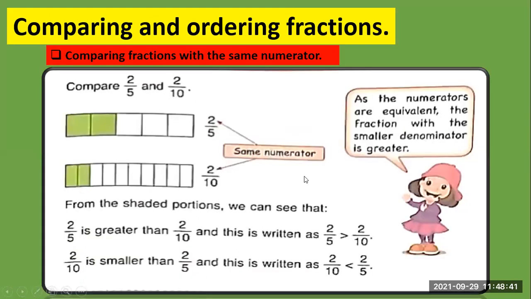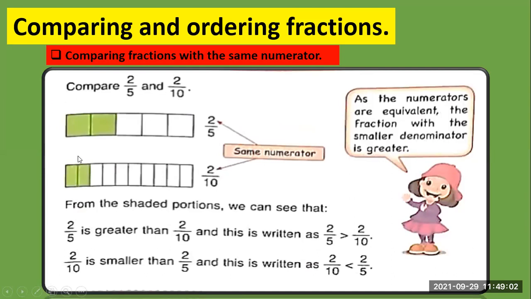Now here, the denominators are not the same. 5 and 10, they are not the same, right? But look at the numerator. Numerators are the same. So if the numerators are the same, it's very easy to know which is bigger and which is smaller or greater.